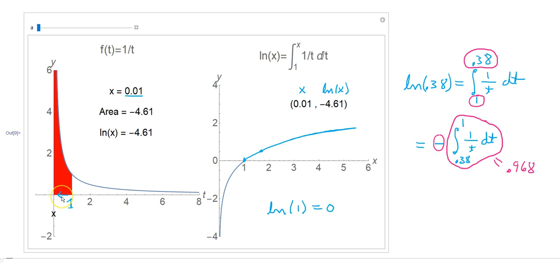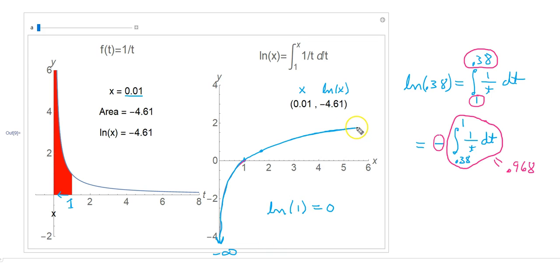Well, as I let x get very close to 0, you see how the graph of the natural logarithm dips downward toward negative infinity. And it does in fact go all the way down to negative infinity, and that's something that we'll have to justify later.